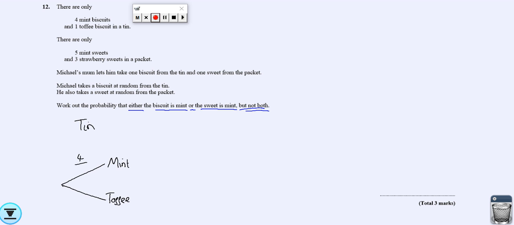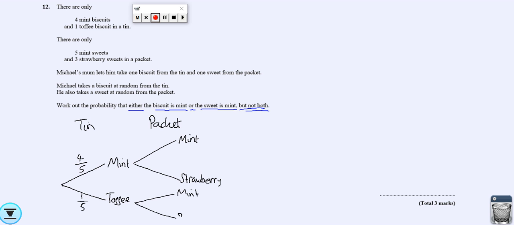So it's 4 out of 5 and 1 out of 5. For our second pick, it's out of the packet, and we can either take a mint sweet or a strawberry sweet. Same again, we take a mint sweet or a strawberry sweet.